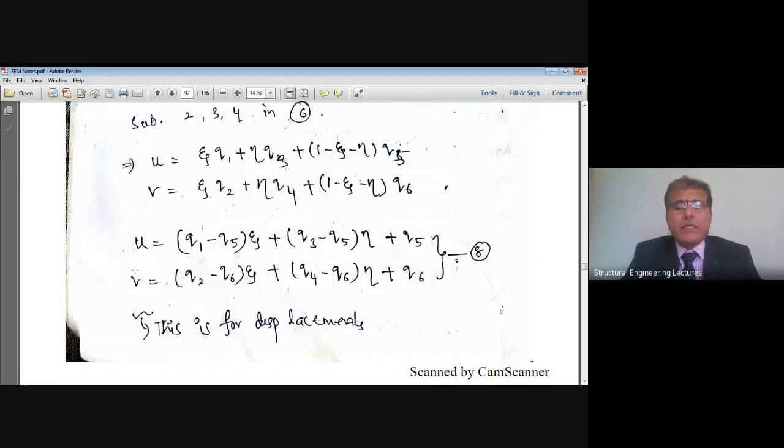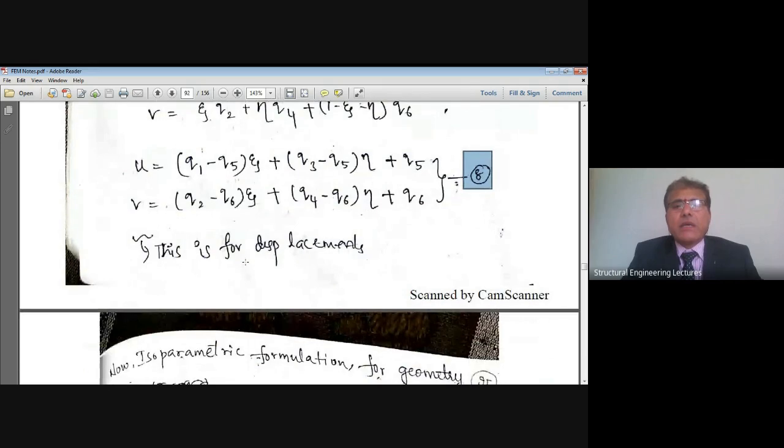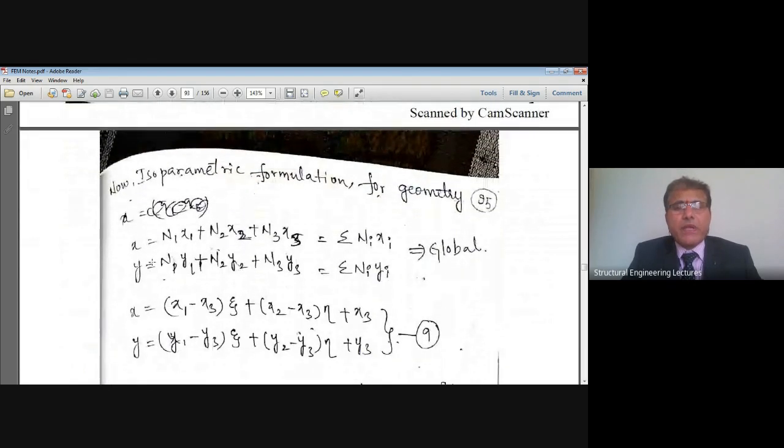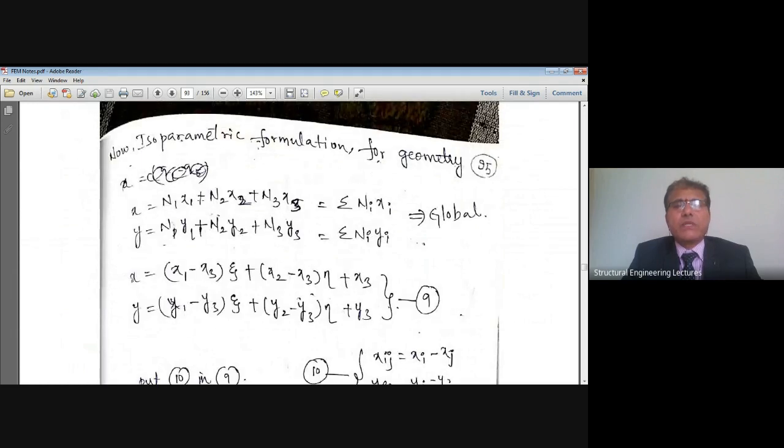And in a cyclic fashion you can say v is equal to (q2 minus q6) xi, (q4 minus q6) eta, plus q6, right? Cyclic means q1 will become q2, q5 will become q6, q3 will become q4. That is our cyclic fashion, right? Let us say this is the eighth equation, which is the displacement equation, the displacement function otherwise.